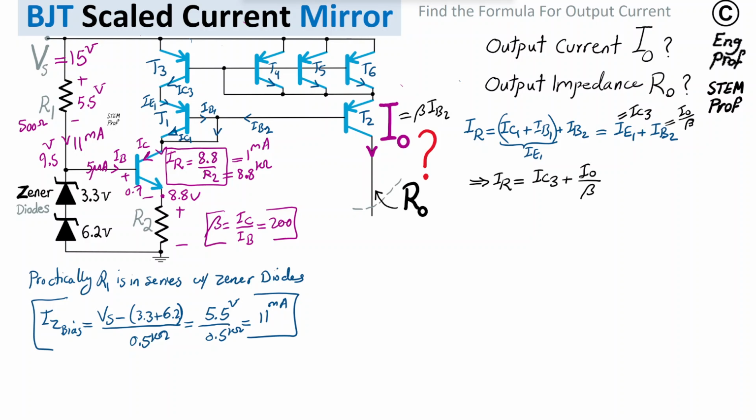So what next? Well, IC3, as I said: these four transistors, T3, T4, T5, T6, these PNP bipolar junction transistors, are in the same package. They are matched transistors.